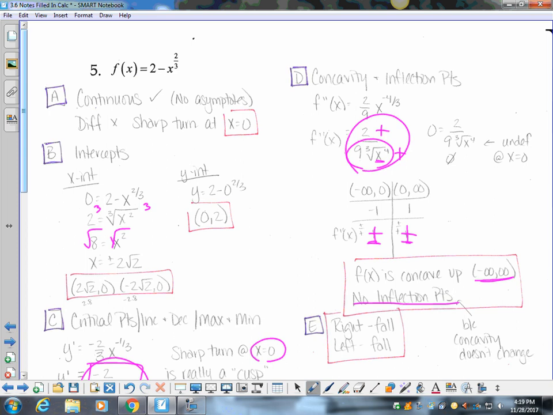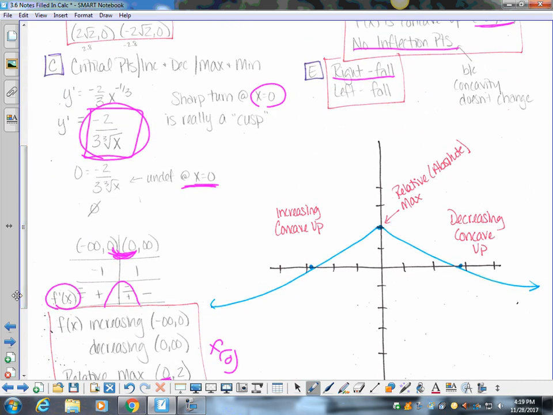This is a polynomial, so you can do right and left behavior. Your leading coefficient is a -1, so to the right you're going to fall. This is an even power because it's being squared, so whatever it does to the right, it's going to do to the left also. So it will fall.